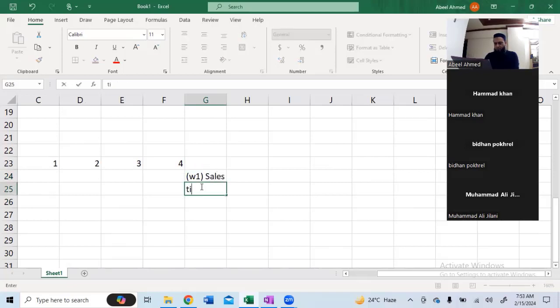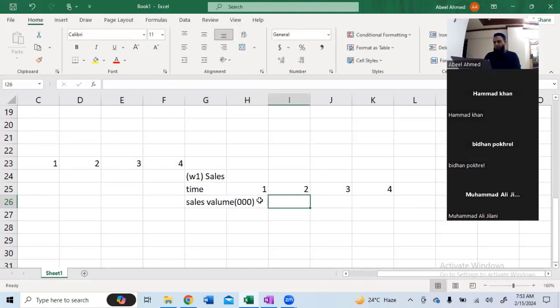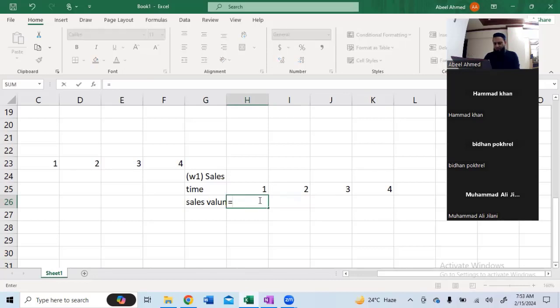Sales, time is 1, 2, 3, and 4. Sales volume, by ignoring 3 zeros. In the first year, I think it is 25. Can anyone tell me what is in the second? Second year, I think it is 45.